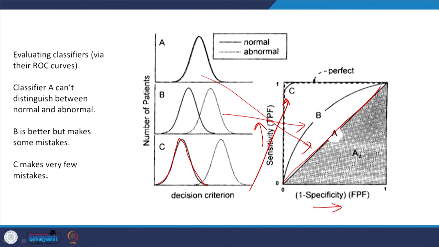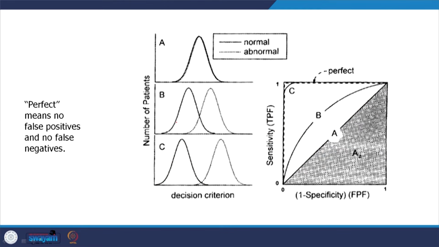C makes very few mistakes; it is not completely separate. This reversed L shape is the perfect line. So this picture connects the ROC curve with the different types of true positive and true negative distributions.